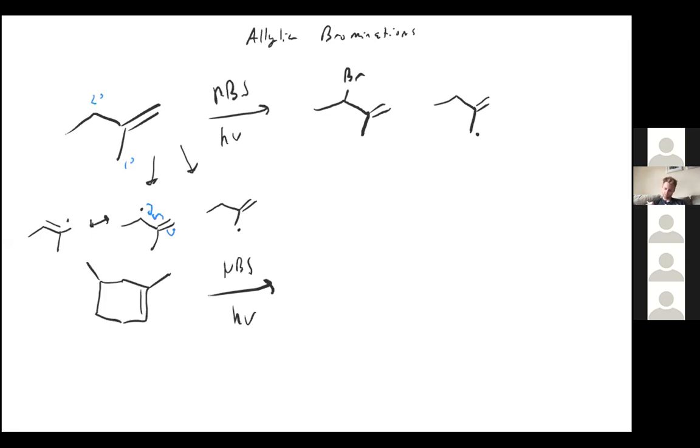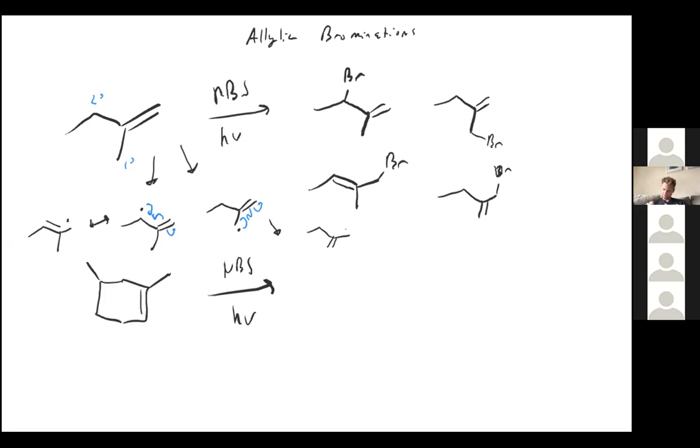Oh, forgot the Br in the product. So this could lead to a product here, and then our other one on the other side also has the ability to lead to a product, which would look like this.